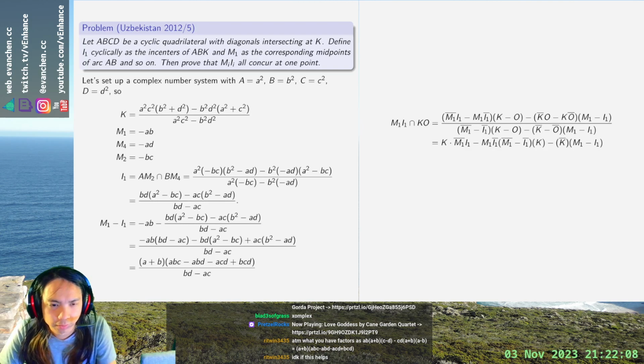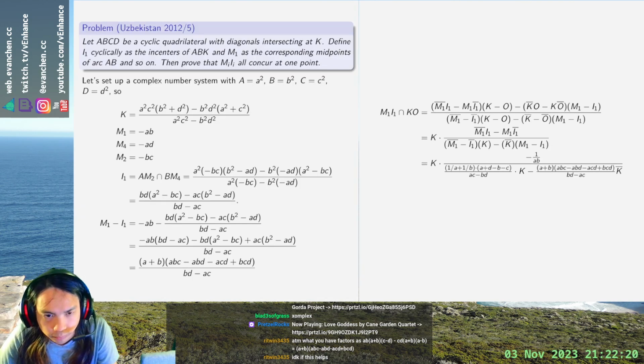And then the thing on the top is a little more annoying, but I hope it is not too much worse. So m1 bar times I1, which is this expression, minus m1.